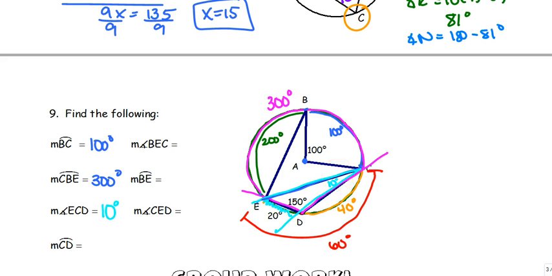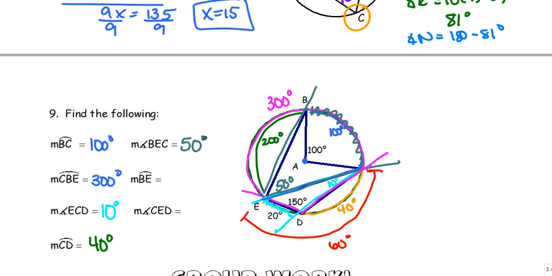Alright, next we want arc CD, so let's get our diagram from C to D. We already had it, that was going to be 40 degrees. We want angle BEC, so from B to E to C. This is the intercepted arc. That is going to be twice as much as the angle, so we cut that 100 in half to get a 50-degree angle.